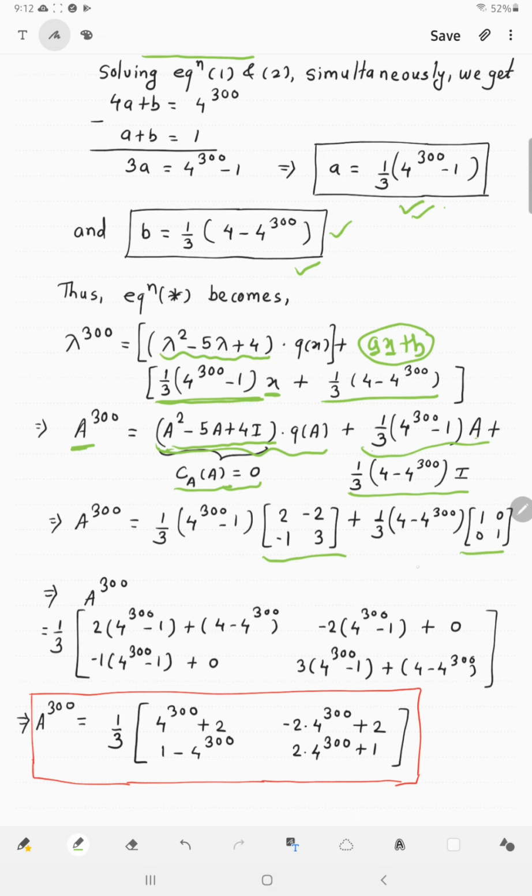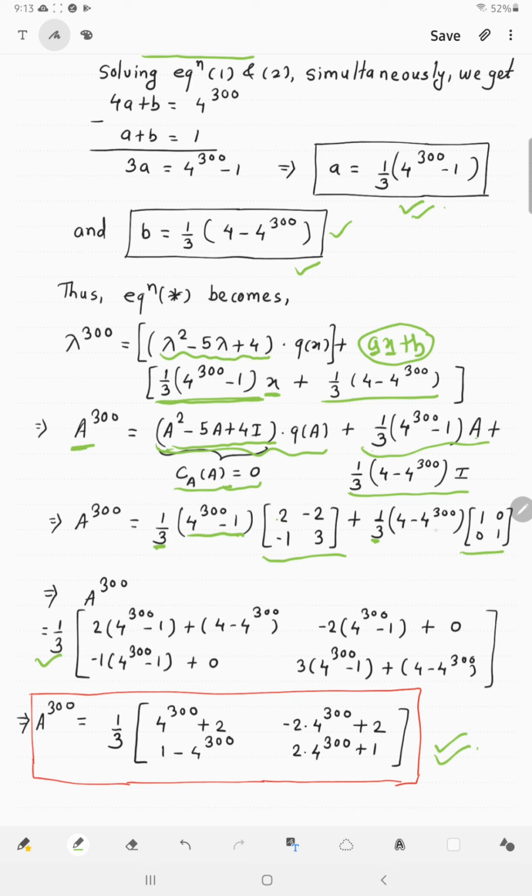If we do all the calculation, we will get our required matrix. While multiplying, 1 by 3 is common, so 1 by 3 takes common. Now this whole term is multiplied to this, so I get 2 into 4 raised to 300 minus 1.